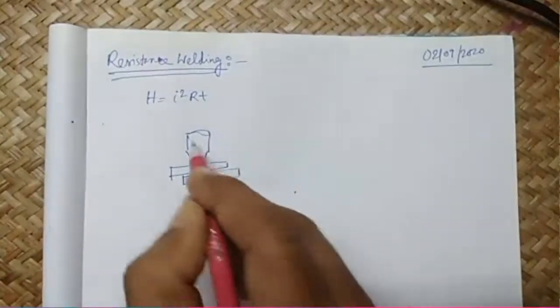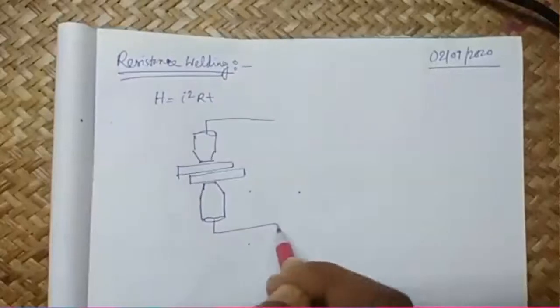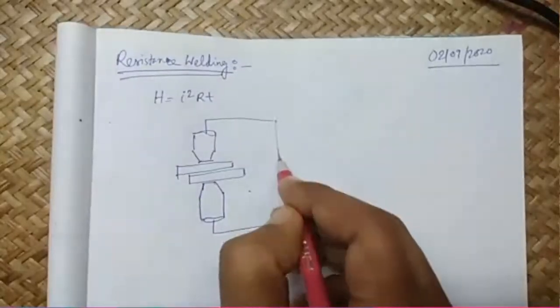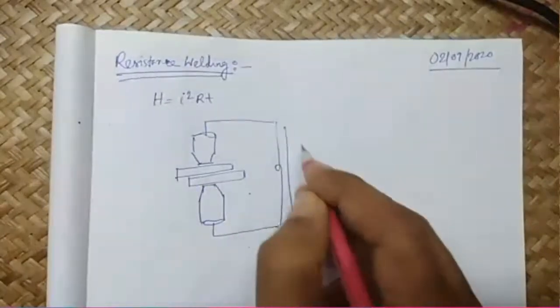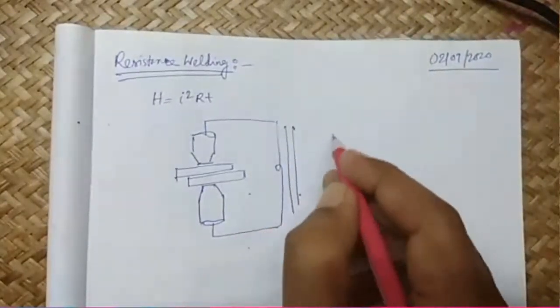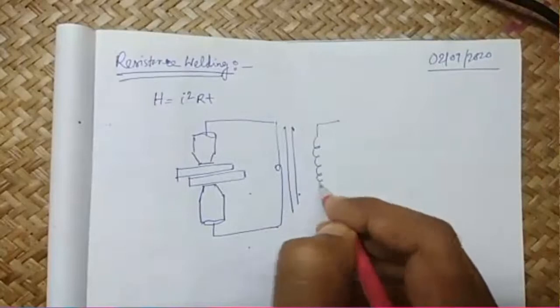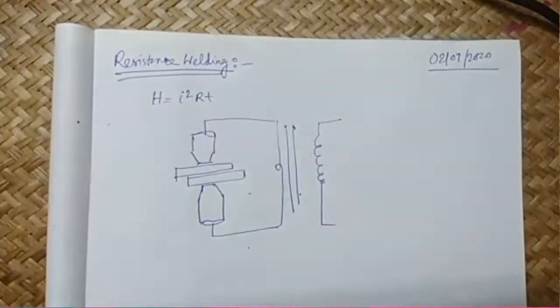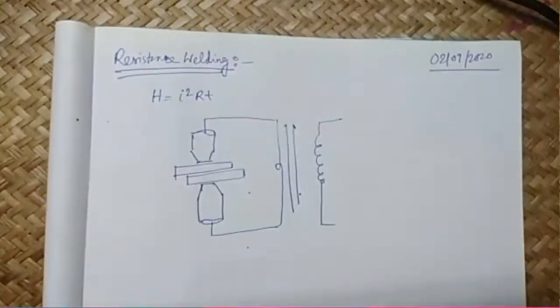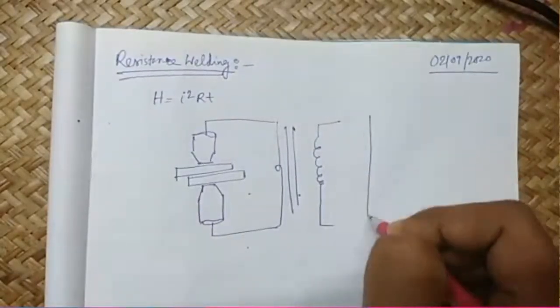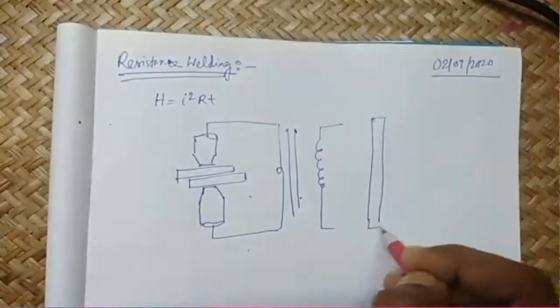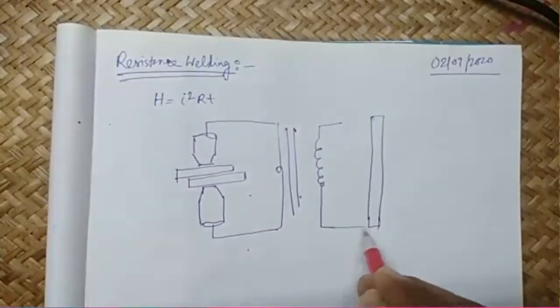Now these two electrodes are going to get attached with a power supply. It might be AC or might be DC. Most of the cases AC is used. Now this power supply is again connected with a timer.